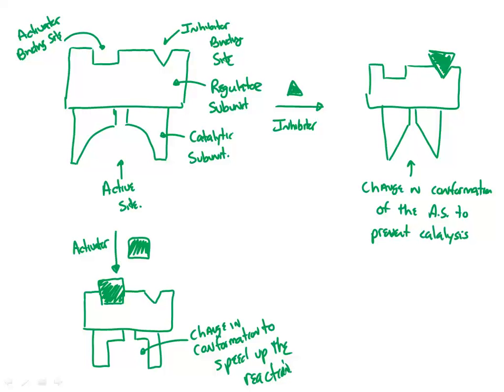And these are all very generic, meaning some molecules might only have an activator site, some might only have an inhibitor site. Sometimes the inhibitor and the activator site are the exact same thing, and it is considered an on-off switch. Sometimes the active site might be fully active without anything attached to it, and then the inhibitor breaks it. Sometimes the active site might not catalyze the reaction unless an activator actually changes its shape.